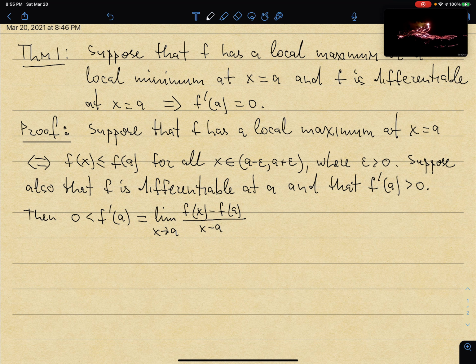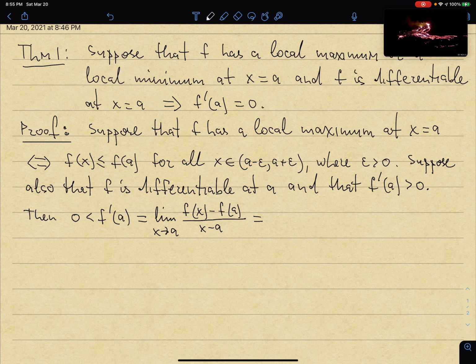All right, and that is fine. But then also, from the definition of limit, we know that the limit exists as long as the limit from the right exists, the limit from the left exists, and both of those limits are the same.